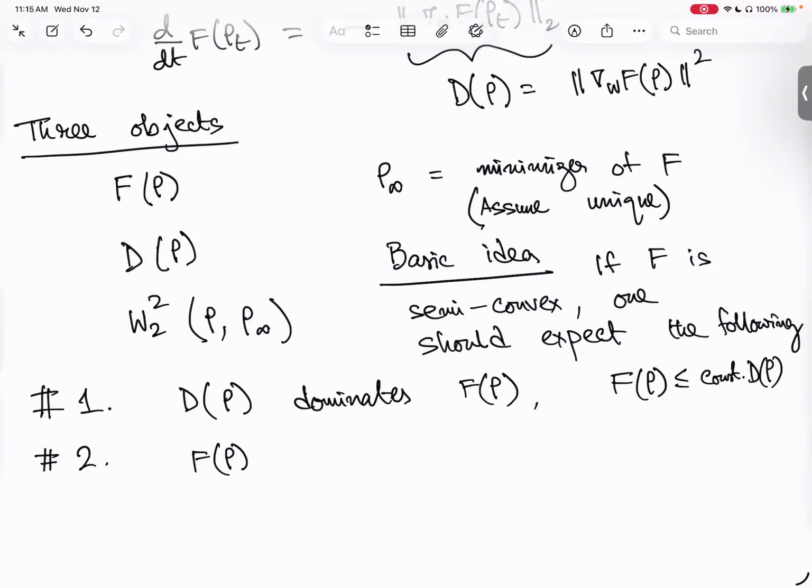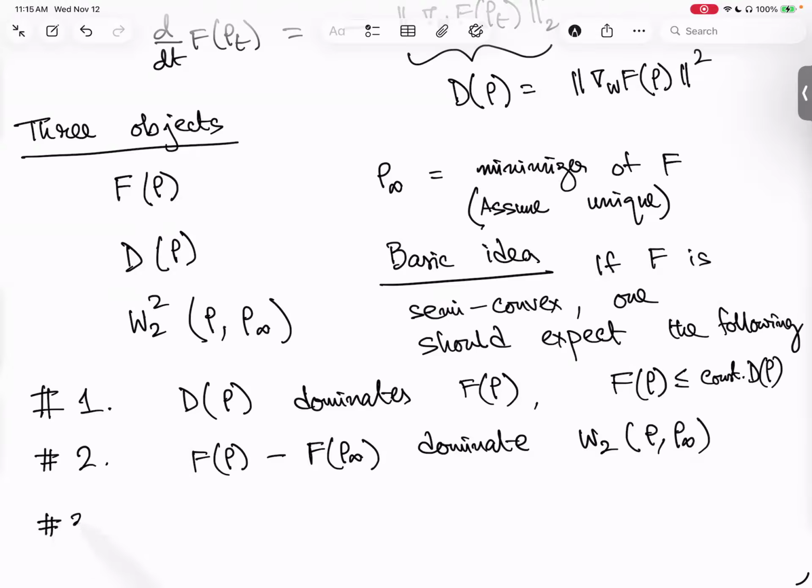The second thing would be that F of rho minus F of rho infinity should dominate the W2 distance between rho and rho infinity. Same idea: the W2 distance should be less than or equal to some constant times F of rho minus F of rho infinity, where the constant will depend on the function and on rho infinity.